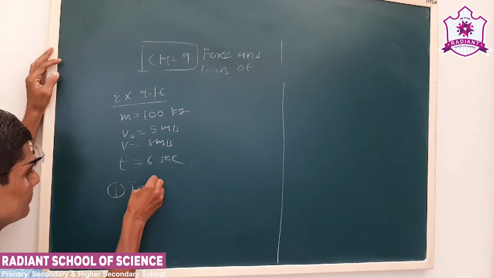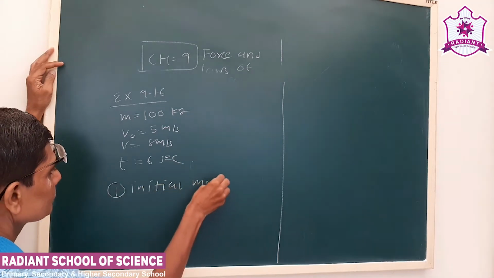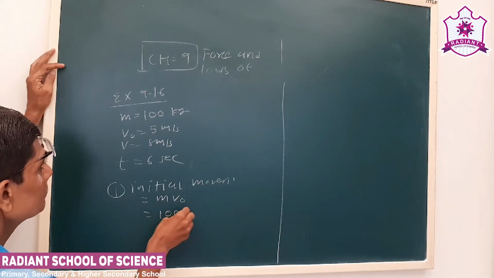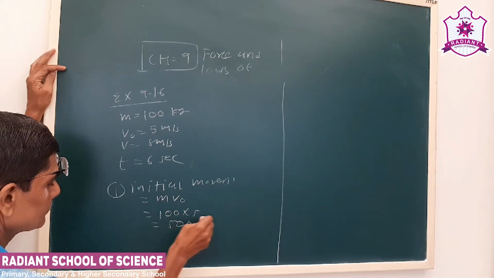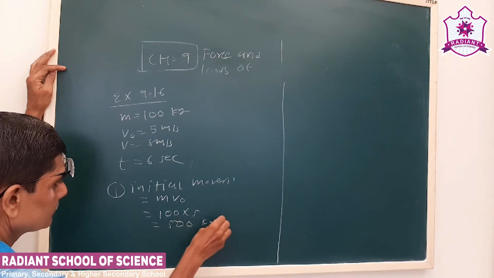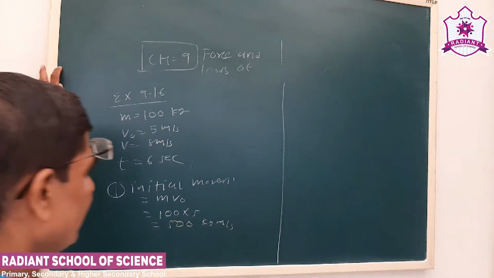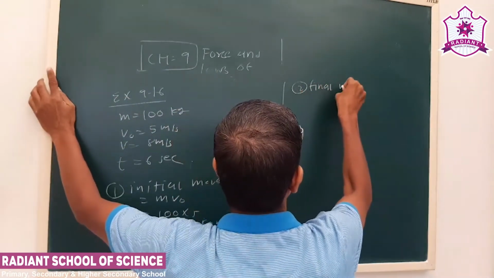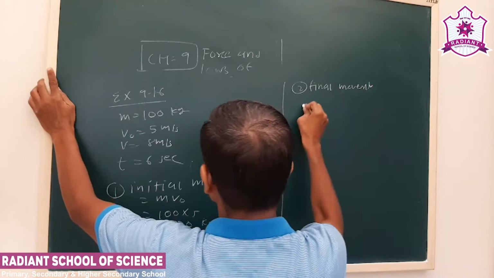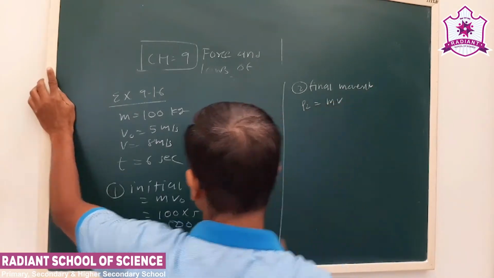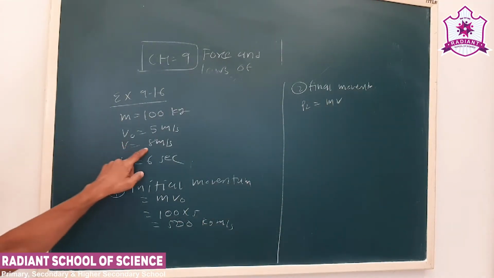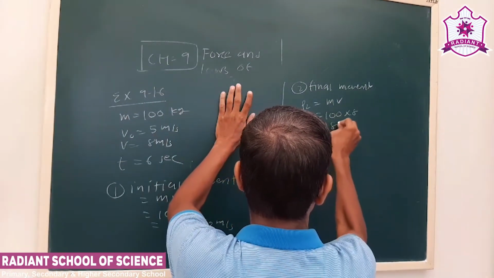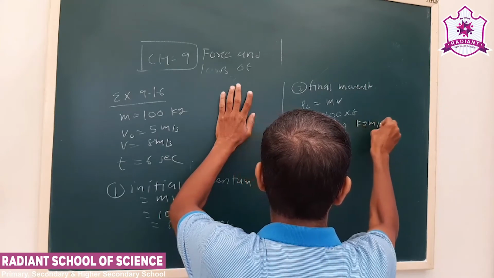Now the initial momentum is equal to m into v0. Final momentum: the initial velocity we have taken as v0, the final velocity is v, so it will be 100 into v.